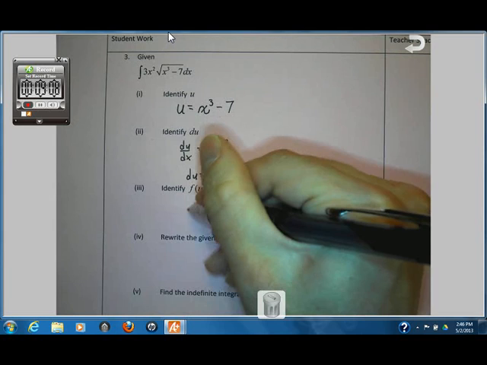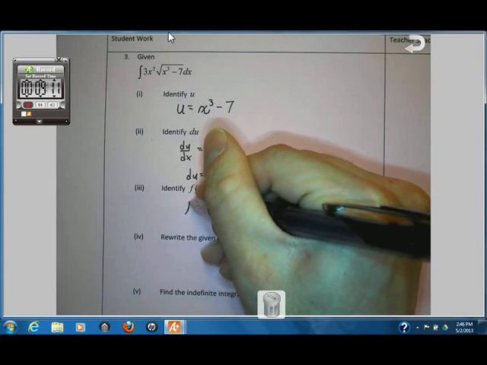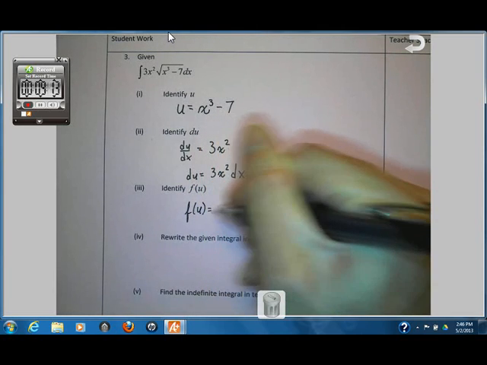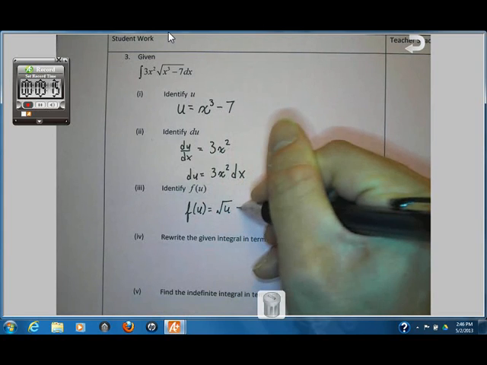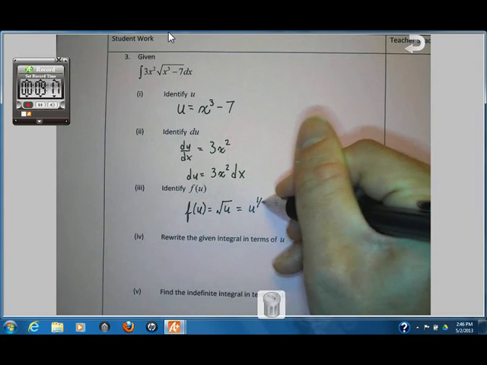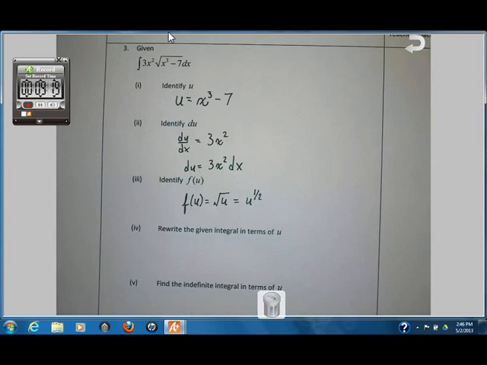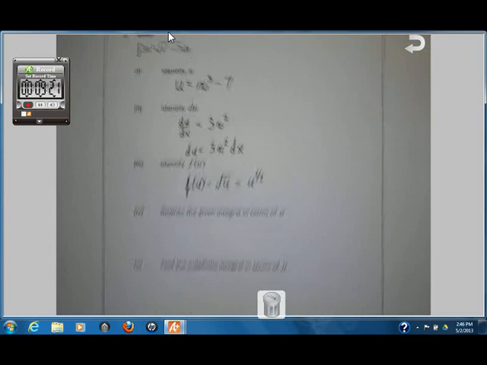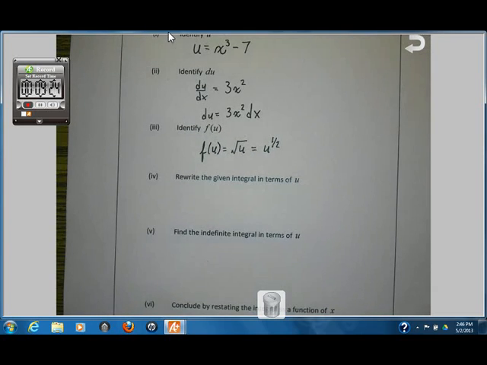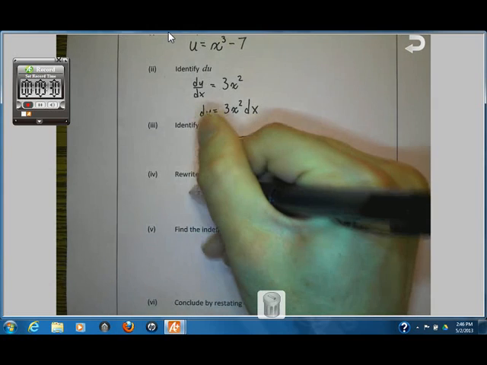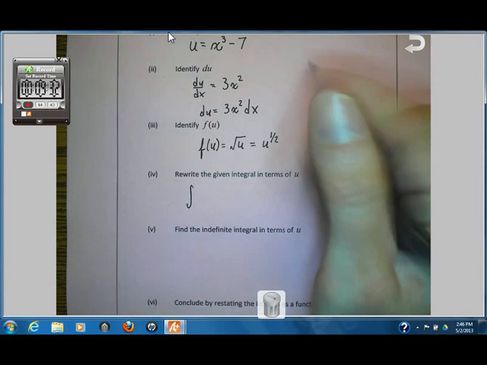Rewrite the given integral in terms of u. Do we have to do any correction of the coefficient? No. So we just write that this is the integral of u to the 1/2 du. Okay? Now, scroll up a little bit more. Power goes up by 1. 1 plus a half is 1.5, or 3/2.